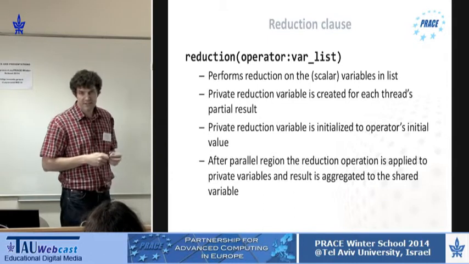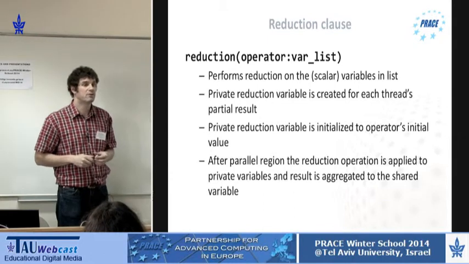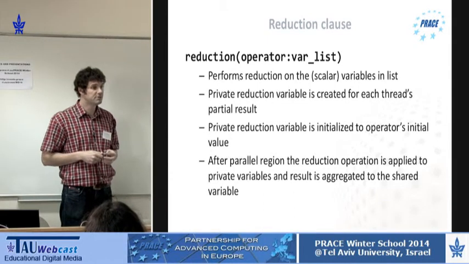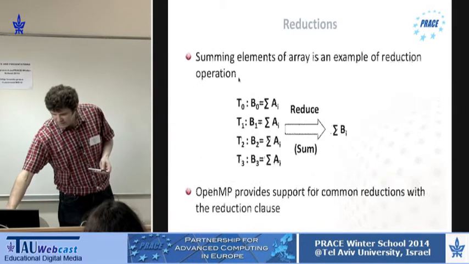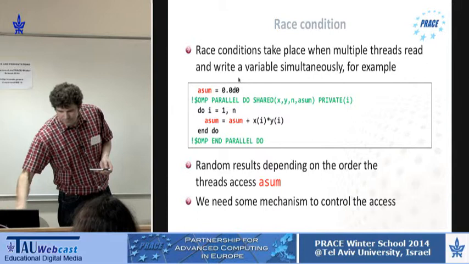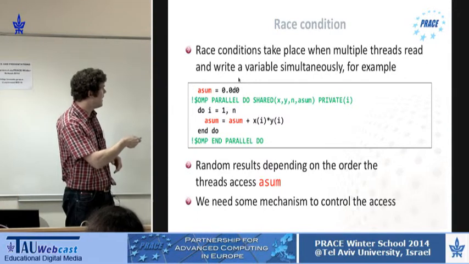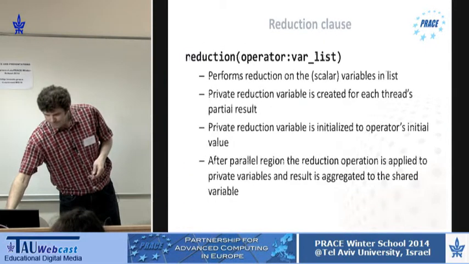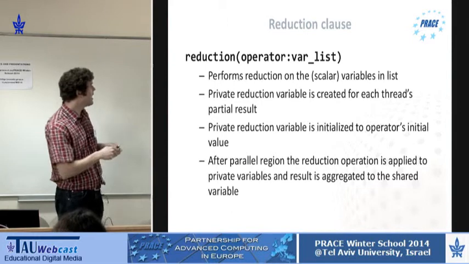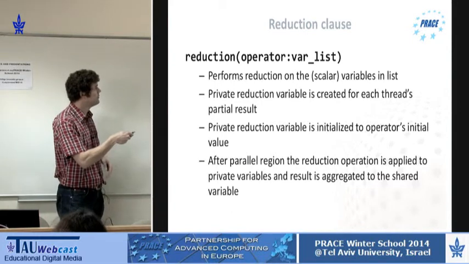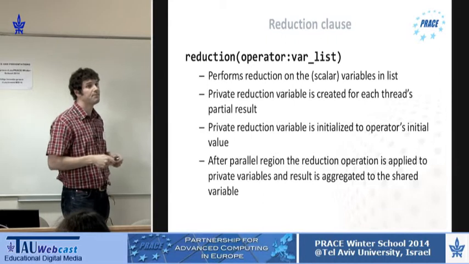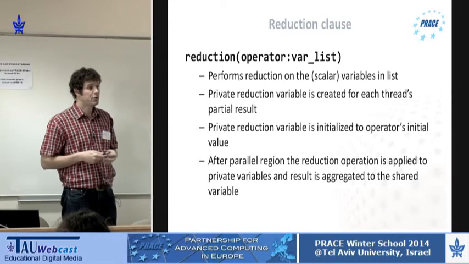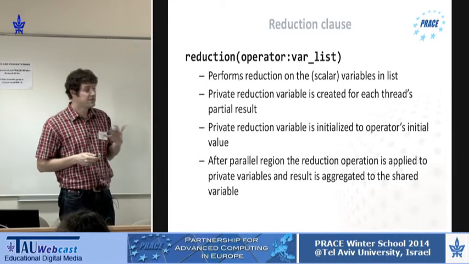I think in the next slide I should have all the possible operations available in OpenMP. In our case, it would be natural that we want the addition here. Then there is the variable name that we want to do the reduction for. There actually could be several variables.